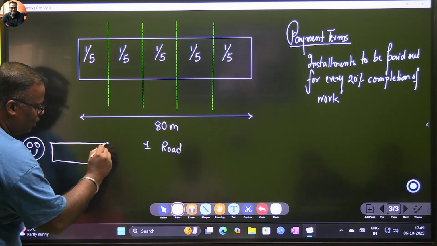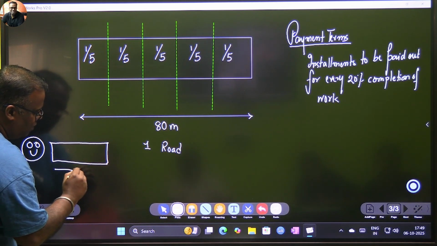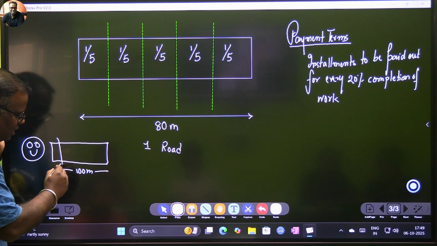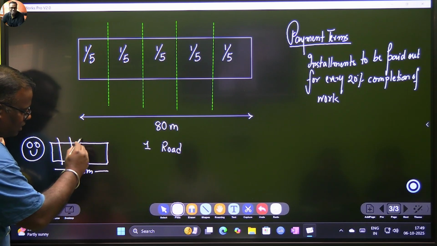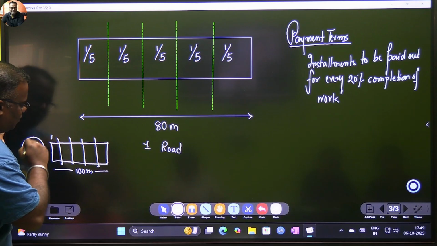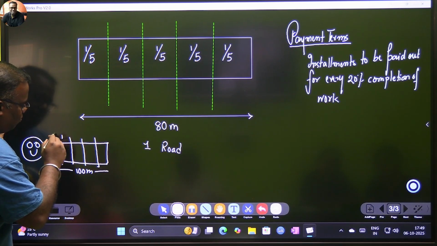If the road was actually 100 meters long, 20% means 20 every 100. First 20, second 20, third 20, fourth 20, 1, 2, 3, 4, 5. So this is the first part.